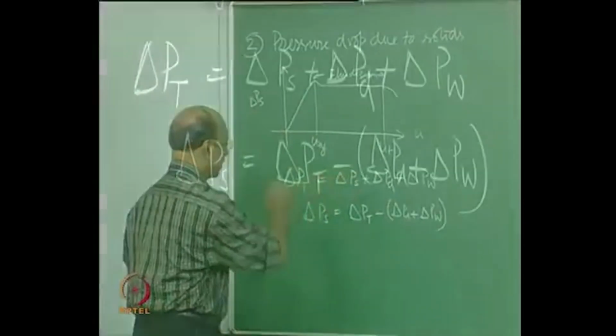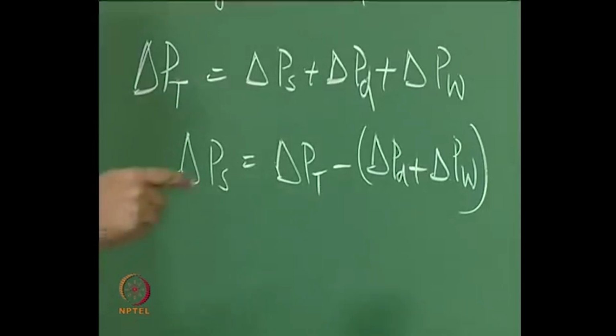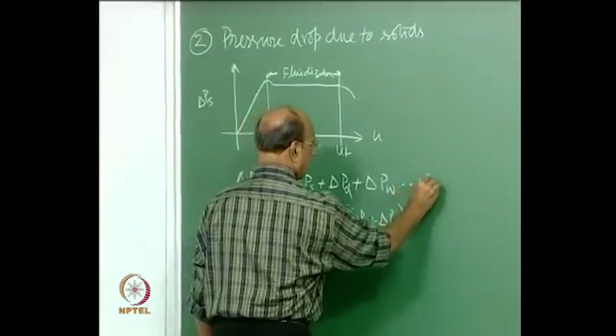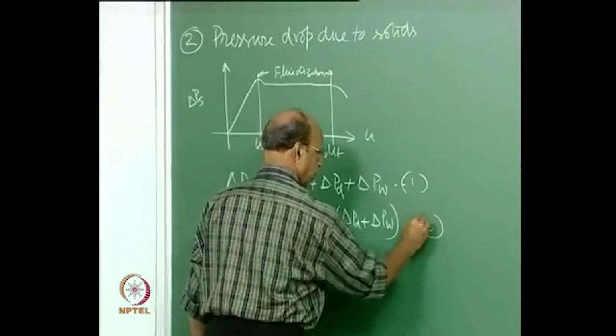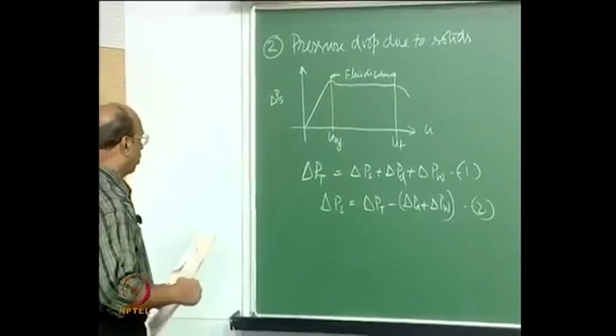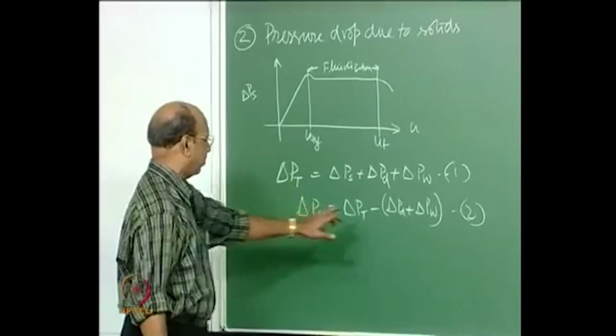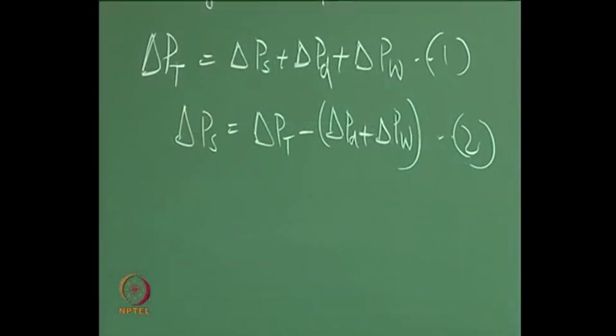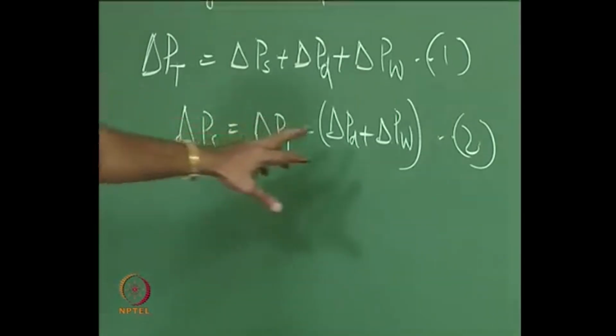Okay. The equation numbers you have there? Oh. So, this is the first equation, right? Yeah. First one, this is the second equation. Okay. So, what we measure is this, and before taking the actual delta P measurement with solids, without solids you have to measure the pressure drop.